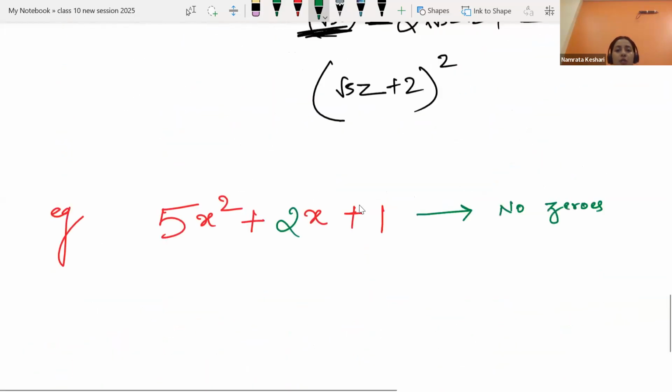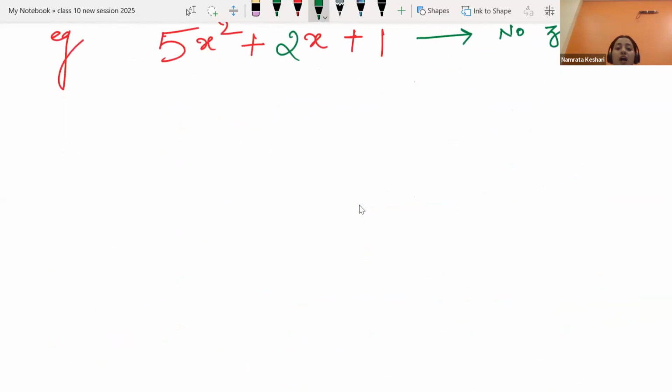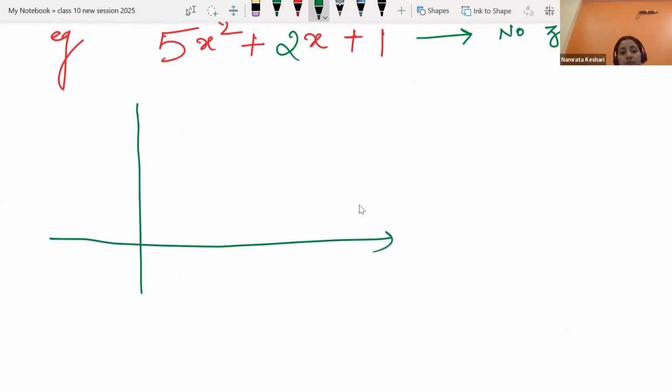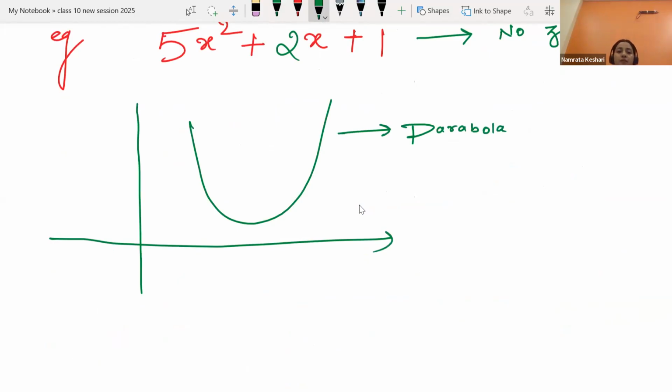This is a quadratic polynomial. Now, the graph of a quadratic polynomial will look like this, which is called a parabola. Umar, you know that, right? Yes, ma'am. Okay. Yes, Ryan.